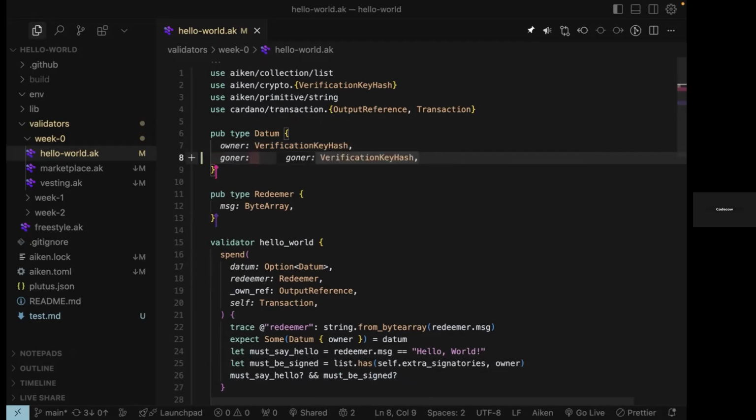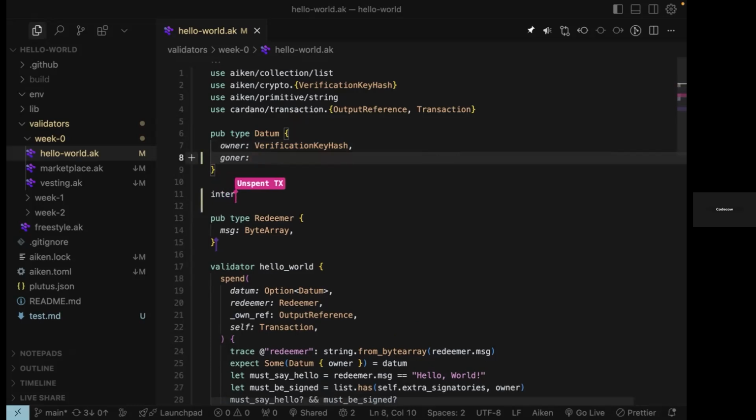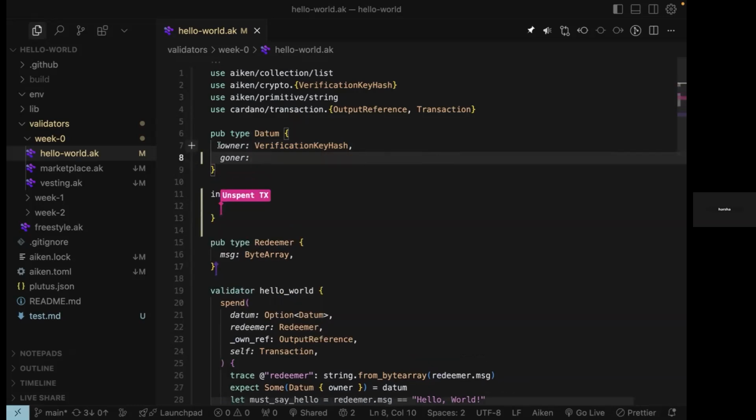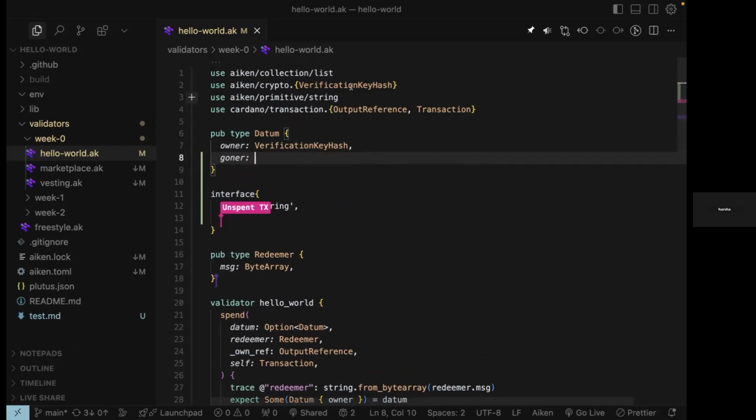Oh, you're right. This is not a function. This is an interface. So that means datum can be of the type owner or goner. In Java this would just be like a string, or whatever. Verification key hash is of the type hash. This could be of the type hash or literally a string, or it could be an int, for all I know.